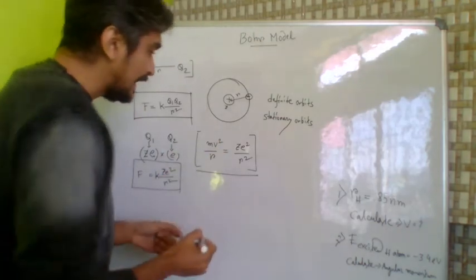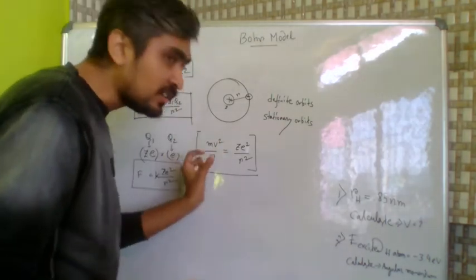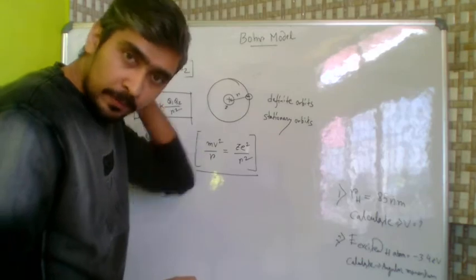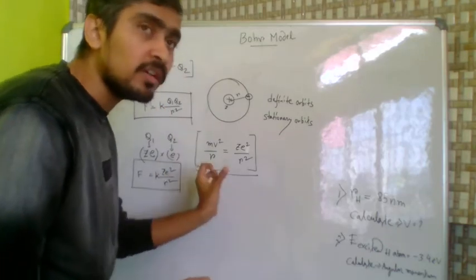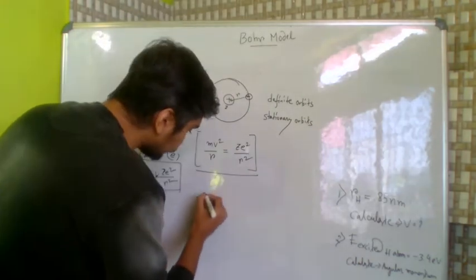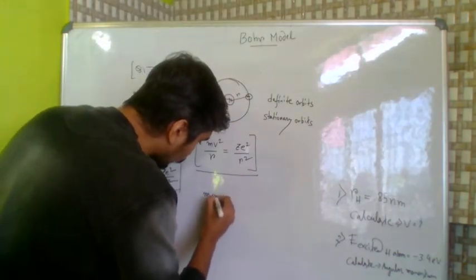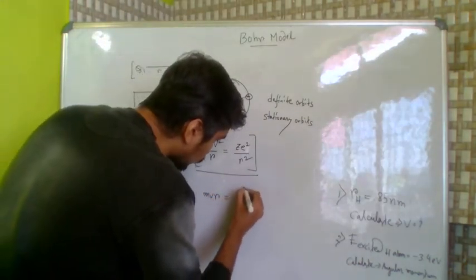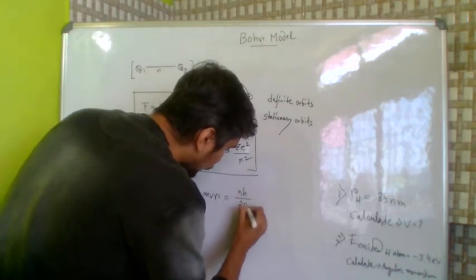Another relation we get from Bohr model is the quantization condition, also called the quantization of angular momentum, which is mvr equal to nh by 2 pi.